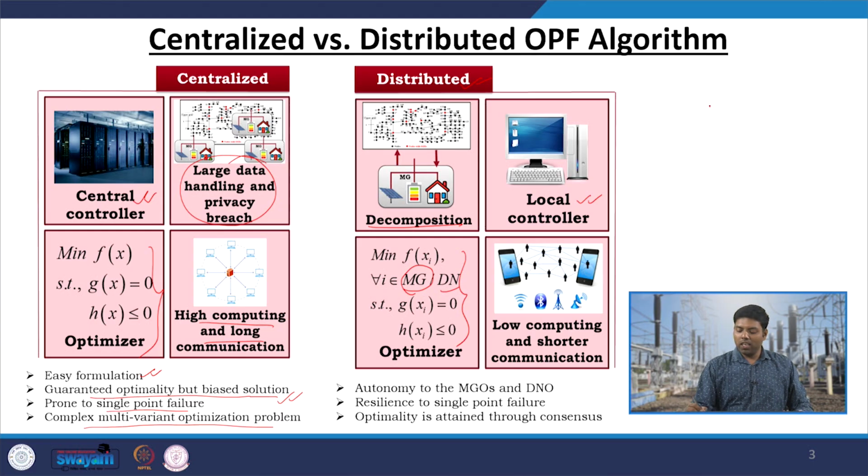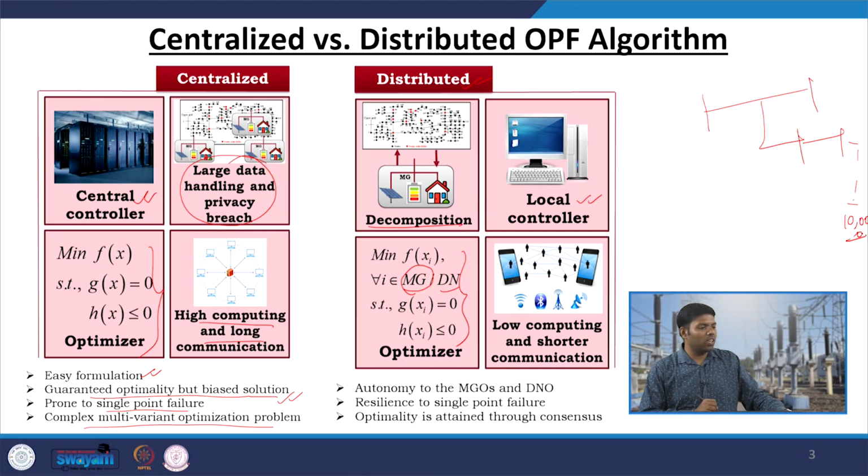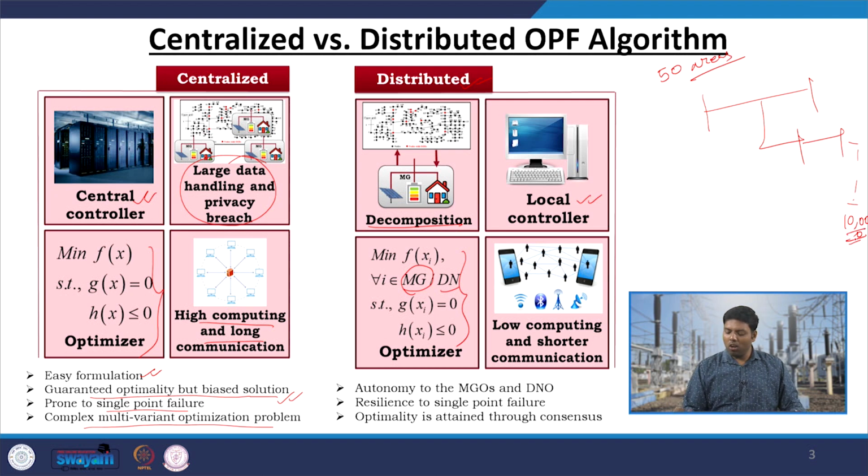So, let us say you have a big network of almost 10,000 buses, and you segregate that network into, let us say, 50 areas of unequal length. Then approximately each area will have 200 buses only.